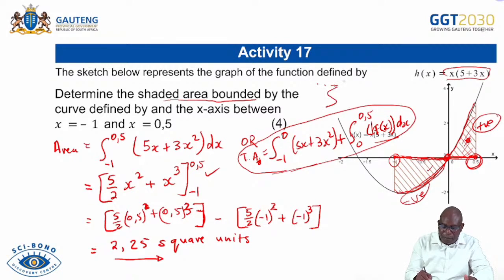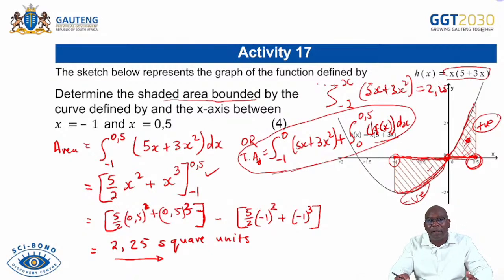You find that they've given you that, and they say this is x and this is -2. And then from there, they've given you a function. I'm going to write the function here, 5x plus 3x squared. Then from there, they say the area of that is 2,25. Then they need you to find the value of x. So your area is given, so you just need to find the values of x.